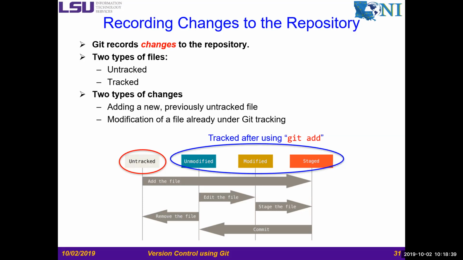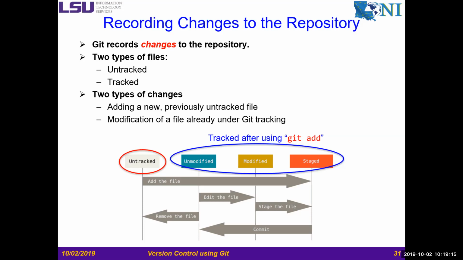Accordingly, since we say that Git records changes to the repository, there are two types of changes. First is we add a new, previously untracked file to the repository. That's what we did at the very first step: git add readme.txt. We add some content to the file and we add it to the repository. That's the first type of change. The second type of change is that we added a word to readme.txt, "distributed".